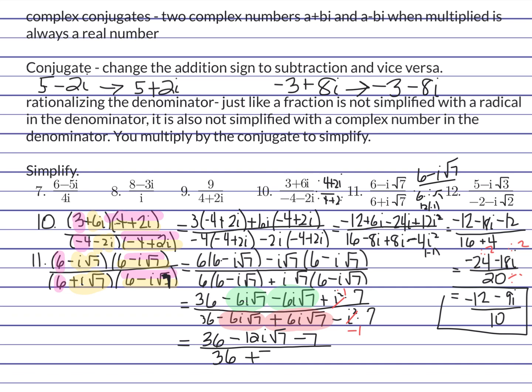So that would be plus 7. And my final answer here is going to be 36 minus 7, I believe is 29, minus 12i square root of 7 over 36 plus 7 is 43.